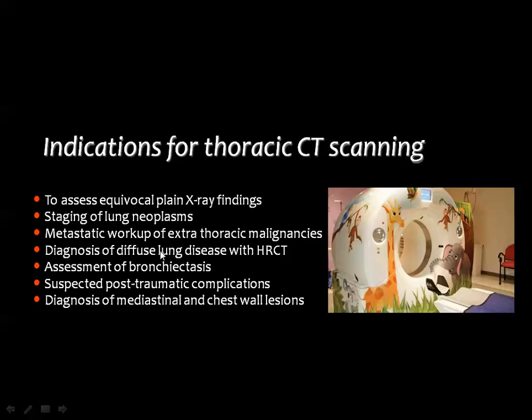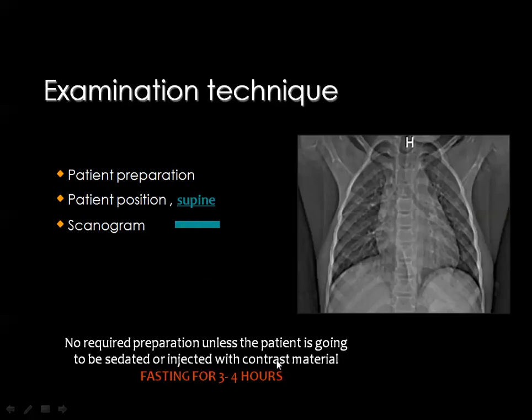Also, in cases of diffuse lung disease, we need the help of high-resolution CT and diagnosis of bronchiectasis, and in some cases of chest trauma, especially if they are associated with hemodynamic instability. Also, the CT scan is valuable in evaluation of mediastinal masses, since the plain X-ray is relatively weak in this domain. And sometimes we need the help of CT for evaluation of the chest wall.